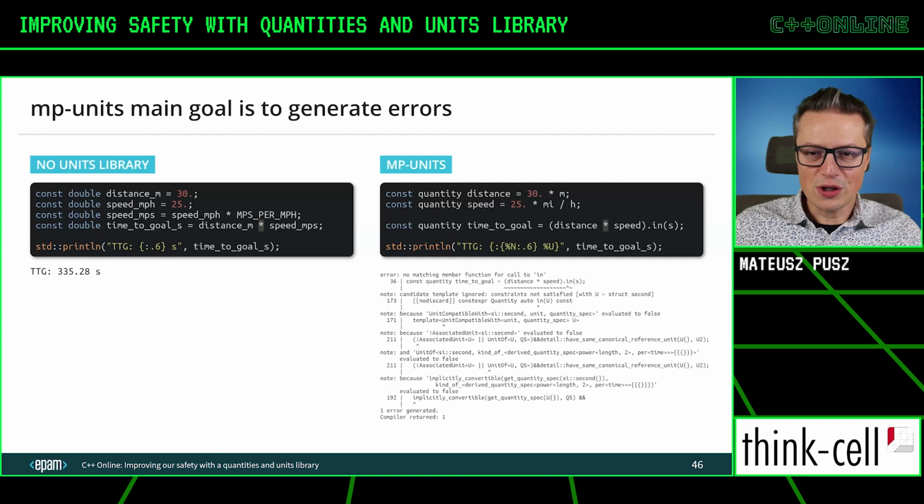The error we try to provide is to be terse, right? So we have information that we deal here with incorrect units, and that we cannot convert something that's power length per time to seconds. So the derived types are quite easy to read and understand what it means.